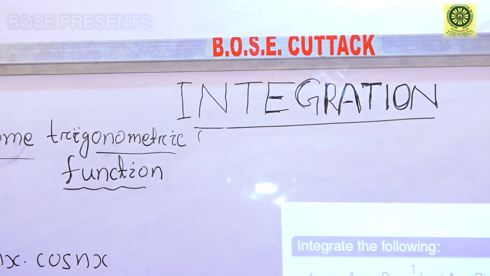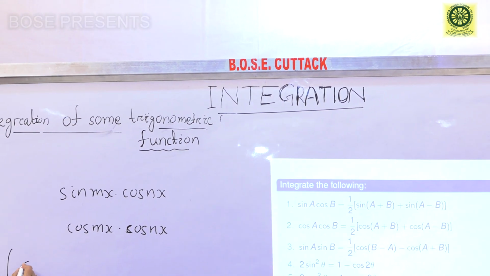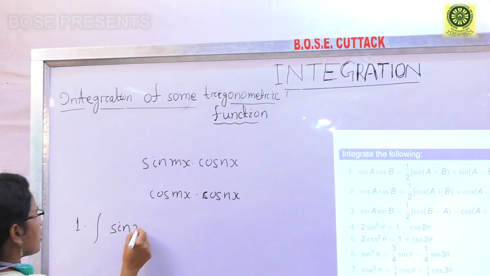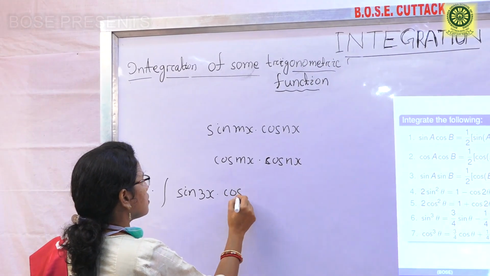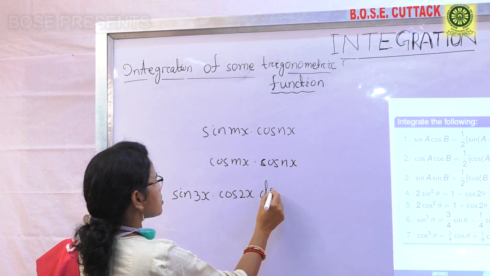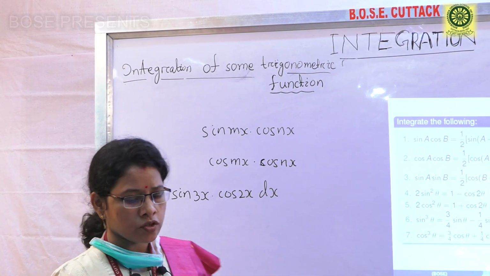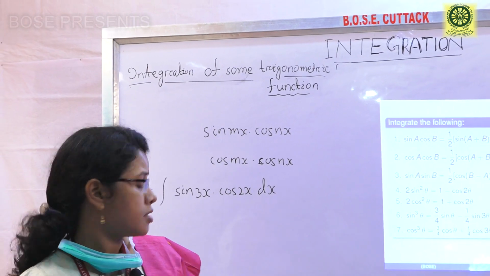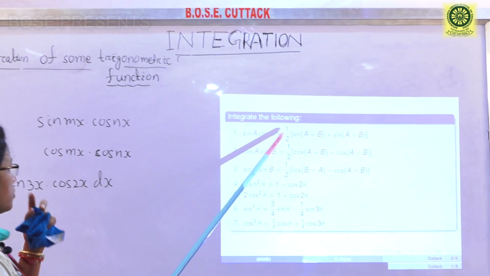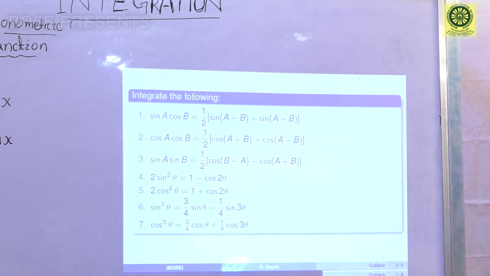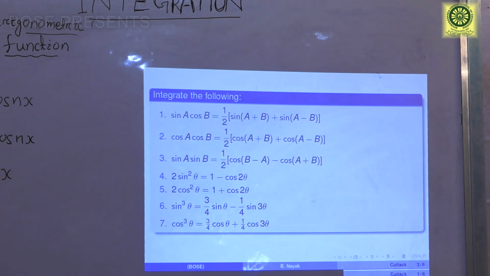For example, suppose you have to integrate sin 3x into cos 2x with respect to x. You can use this trigonometric formula to simplify this.